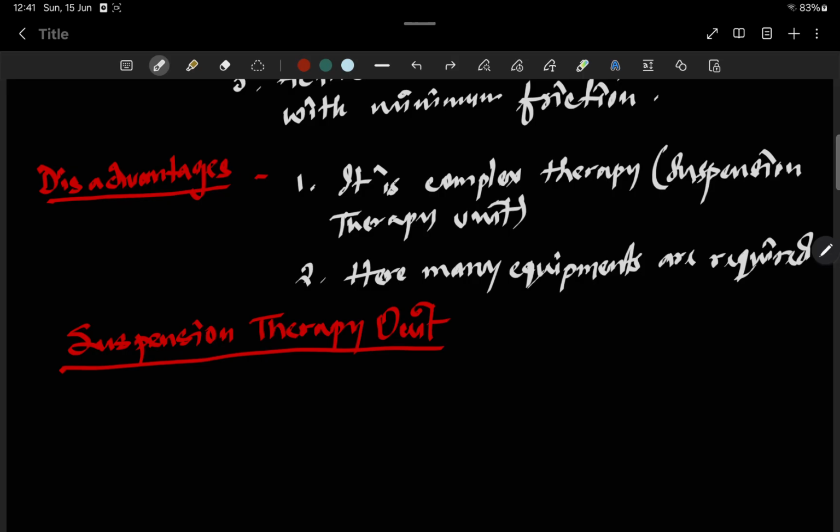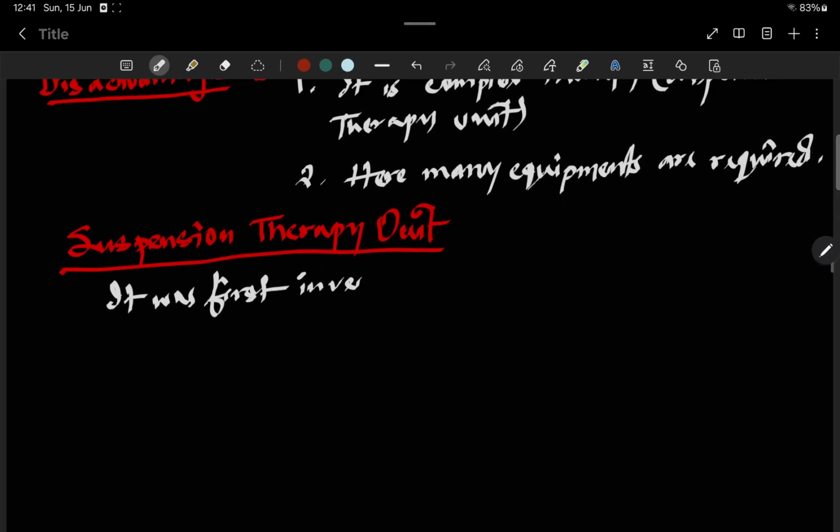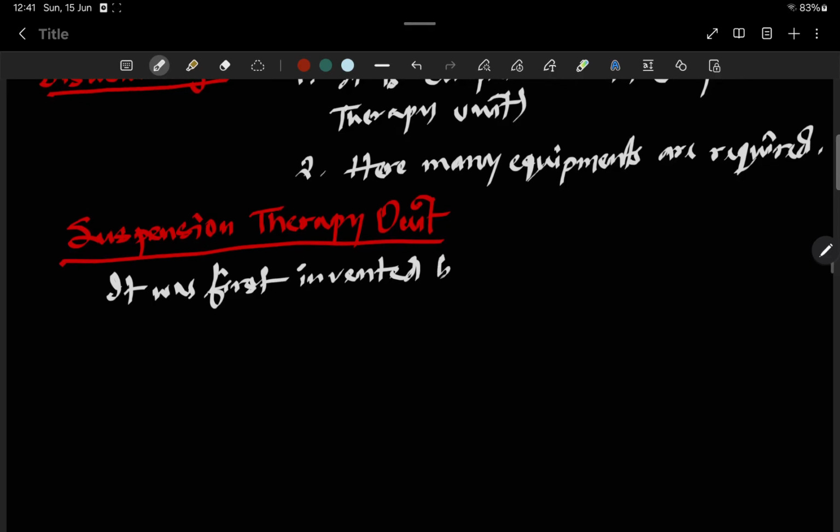The suspension therapy unit was first invented by Mrs. Guthrie Smith.